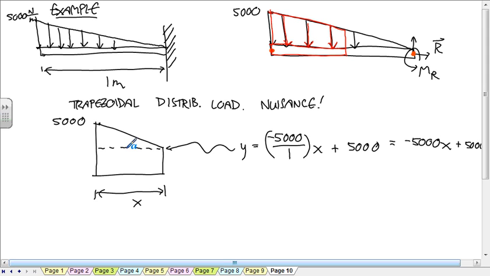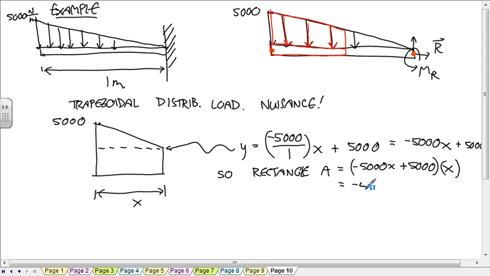And so the area of the rectangle is going to be the height of the rectangle, negative 5,000 x plus 5,000, times the width of x.